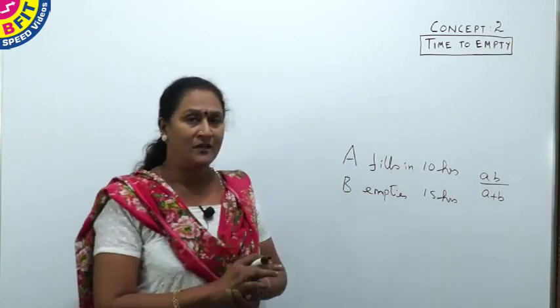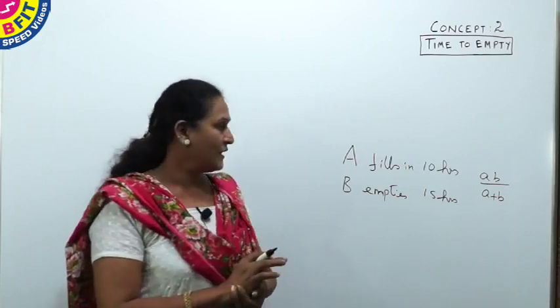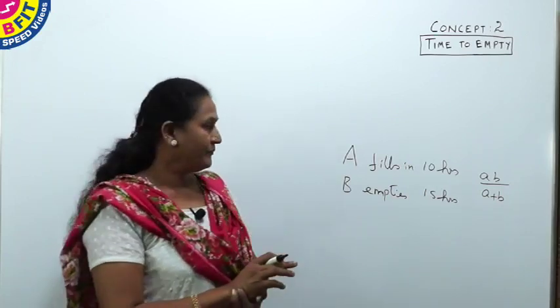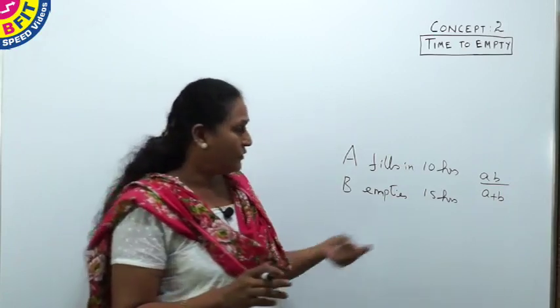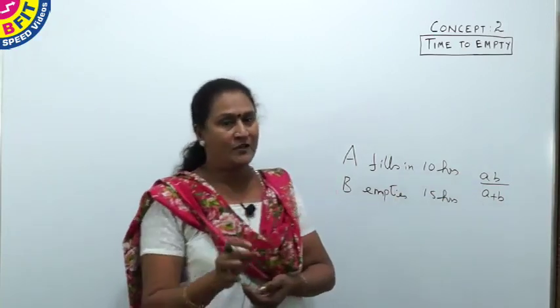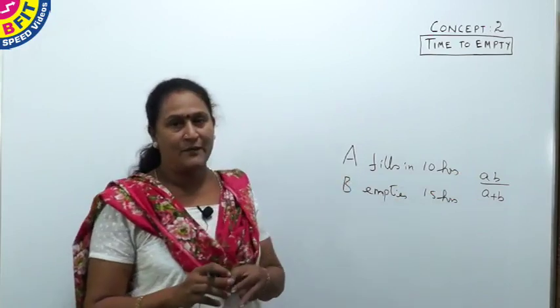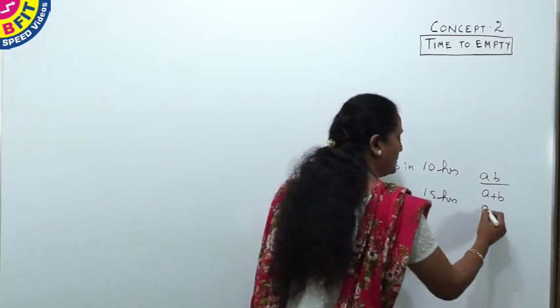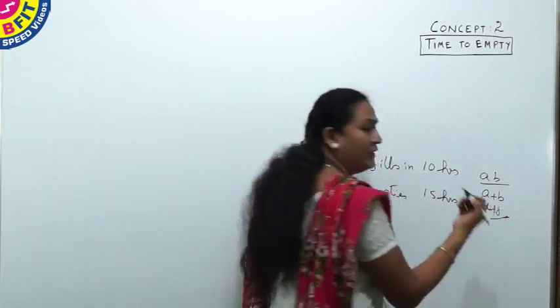Now what will happen when both are open together? Will the tank be filled or emptied? When both fill, we use AB by A plus B, and obviously when one is filling and one is emptying, there will be a difference in the denominator. So instead of adding, we will find the difference.